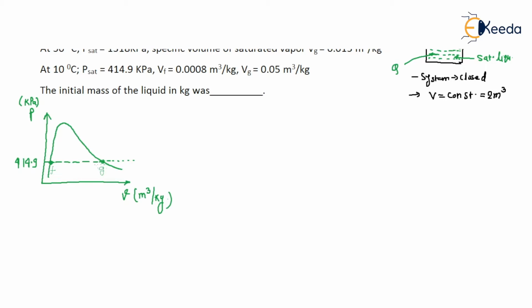So at 10 degrees centigrade, Vf is given as 0.00008, and the saturated vapor Vg is 0.05.